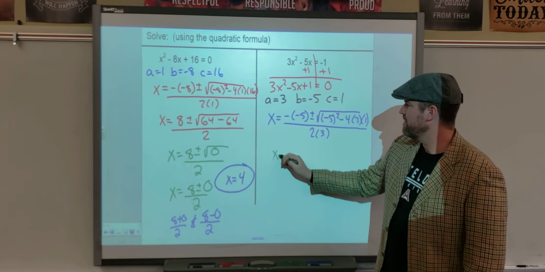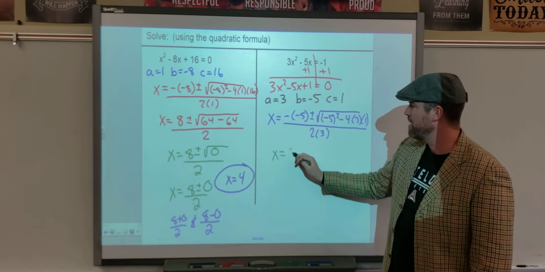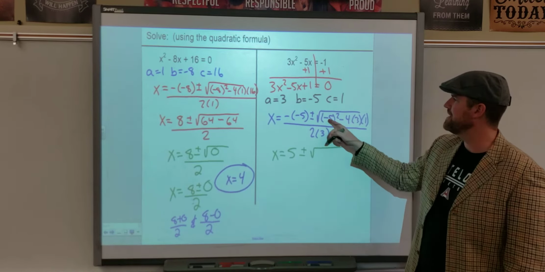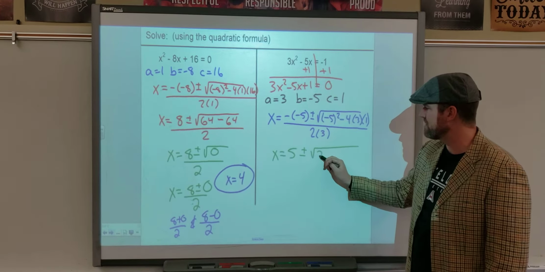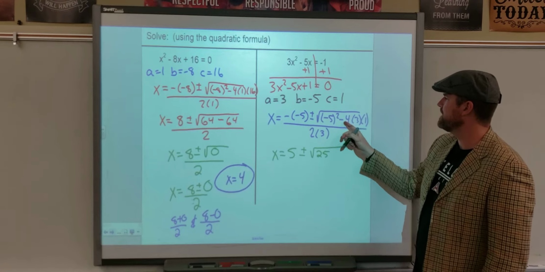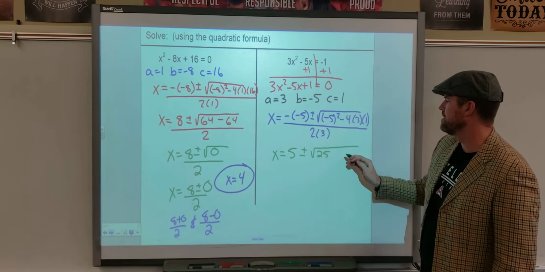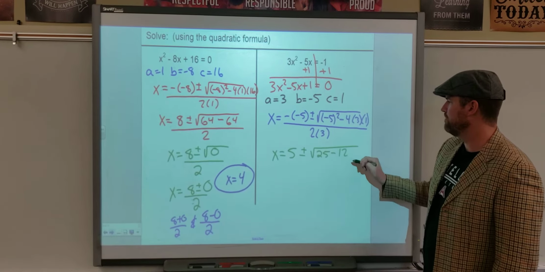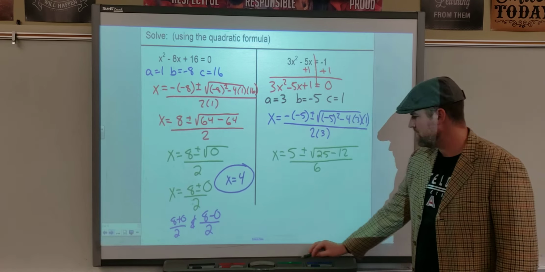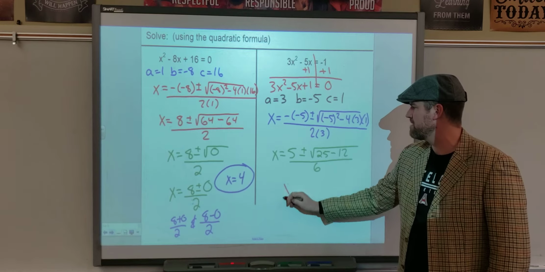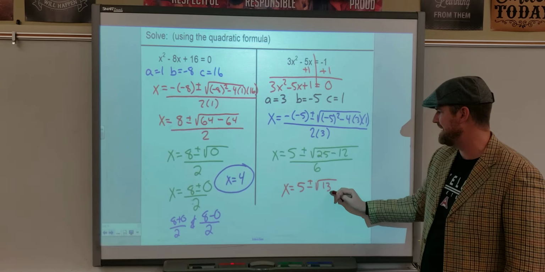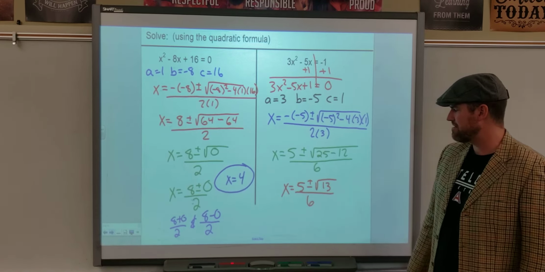And then continuing to simplify, x equals 2 negatives make a positive, so positive 5, plus or minus the square root of negative 5 times negative 5, which, as we said earlier, will always be a positive in this spot, so positive 25, minus 4 times 3 times 1, that's going to be minus 12, over 2 times 3, which is 6, and this will simplify to x equals 5 plus or minus square root of 13 over 6.